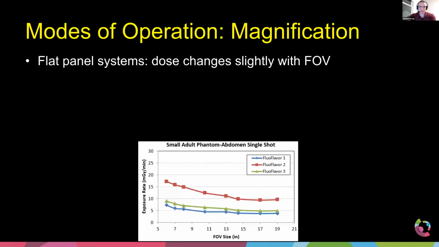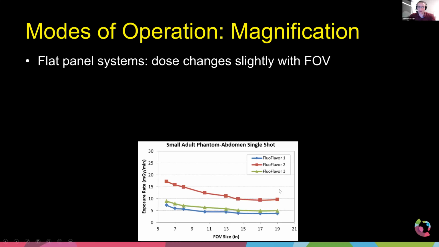All right. Now you may say, okay, if the flat panel systems have different field of views, we know that the dose changes with the square of the field of view with an II. How does the dose change with a flat panel system?